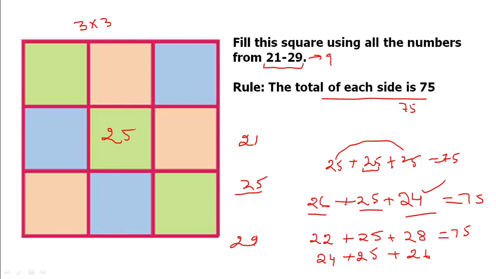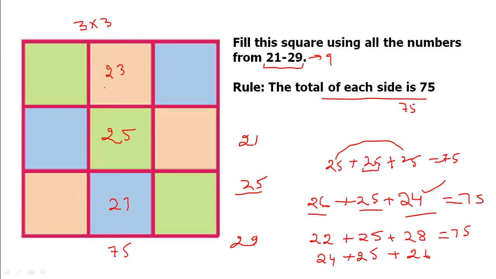Okay, now we have to adjust the other numbers. Let us have 23 here. 23 here means 2 less than 25. So I will have to put here 2 more than 25. So sum of this line is 75.